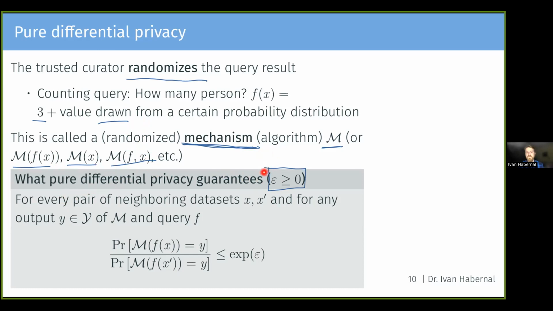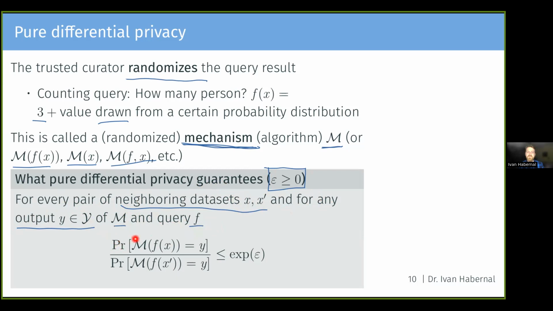And then the pure differential privacy guarantees that for every pair of neighboring data sets, X and X prime, so we know what the neighboring data sets are already, right? They differ by one person, and therefore for any output of this mechanism, any output of the query F, we have this bound of probability.